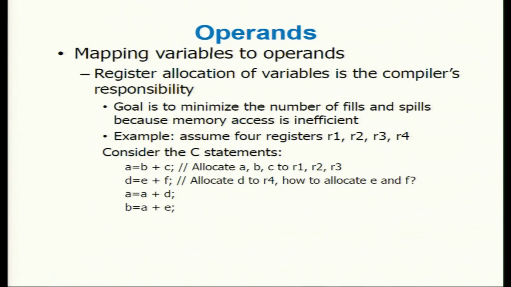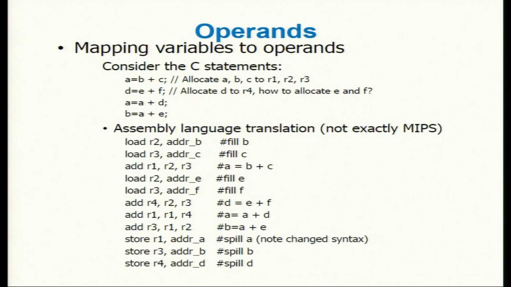So throwing away A or D would be a bad decision because that would require them to be fetched from memory again. A and E are also used here. So this essentially tells you roughly what are the things that are required in future, and these are called live variables. So depending on that, the compiler will decide what to throw away and what to keep. So this is what you can do.